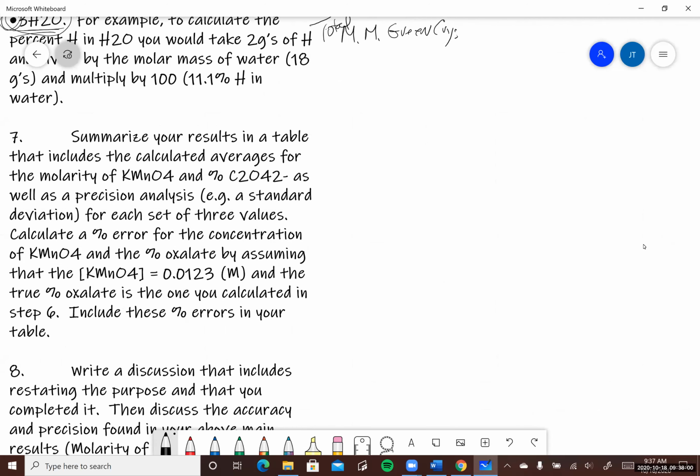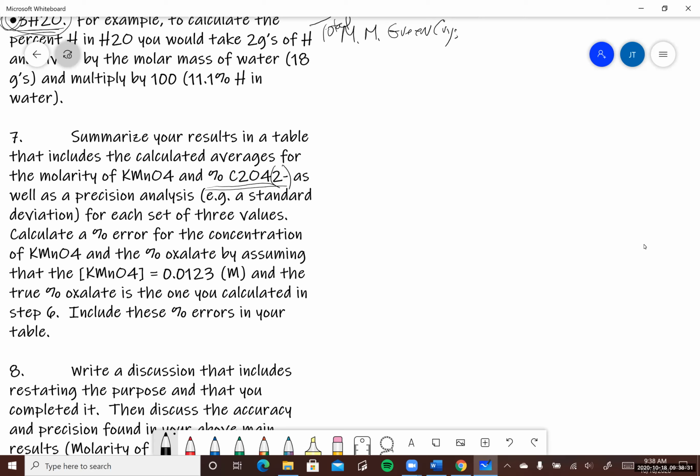All right, then 7, it says summarize your results in a table that includes the calculated average for the molarity. So you want to put in all your molarities of KMnO4 and the average. You want to put in all the experimental percent of oxalate.